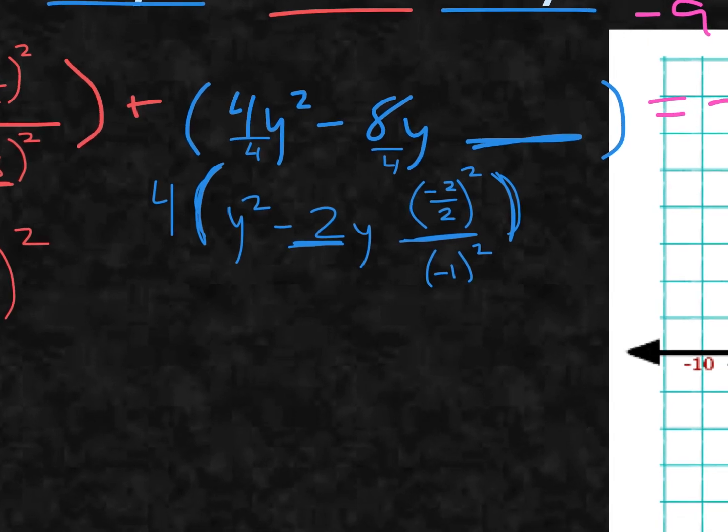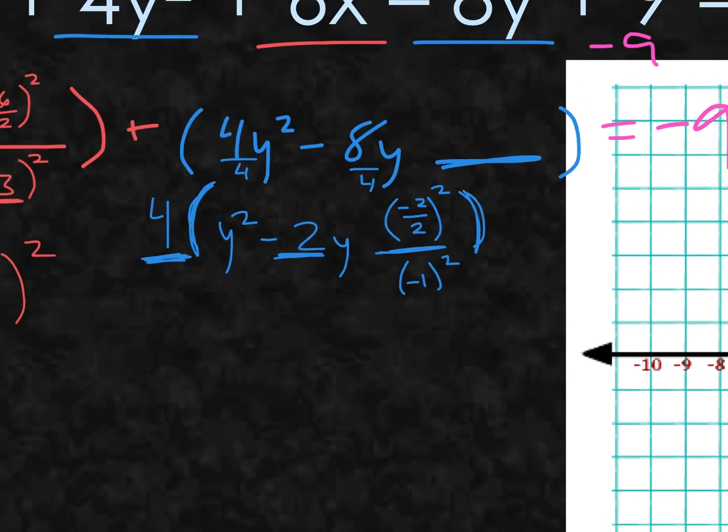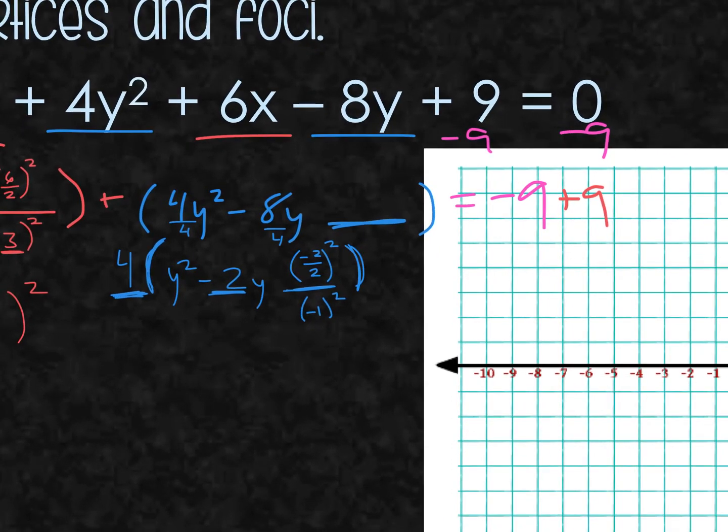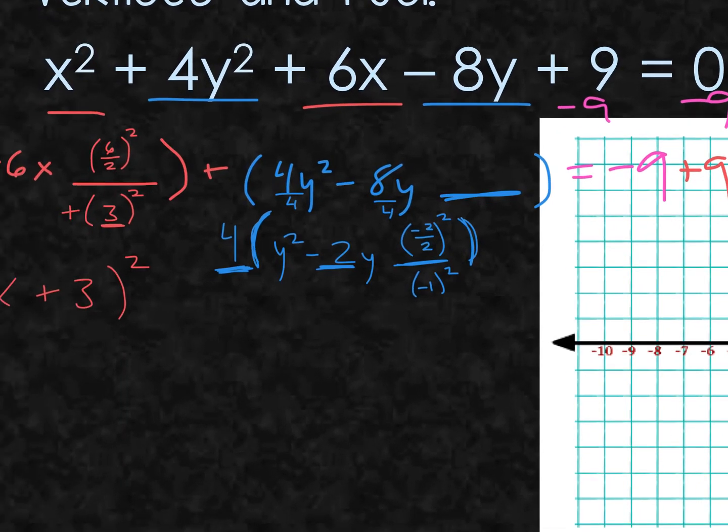But we have 1 times 4, so technically I'm adding a 4 over here. So since I'm adding 4 on the left side of my equation, I have to add 4 on my right side as well. So don't forget to multiply it by that number that you took out at the start. And then in my parentheses here, I have (y minus 1), because I take whatever's on the inside of there, squared.